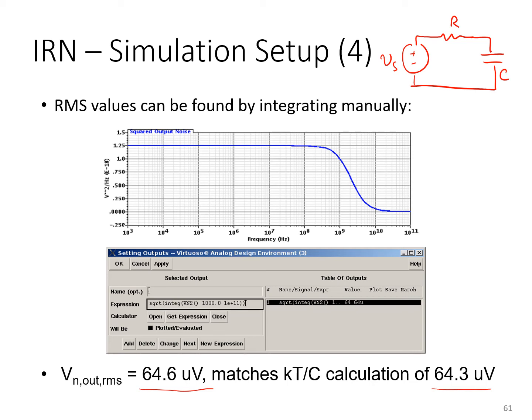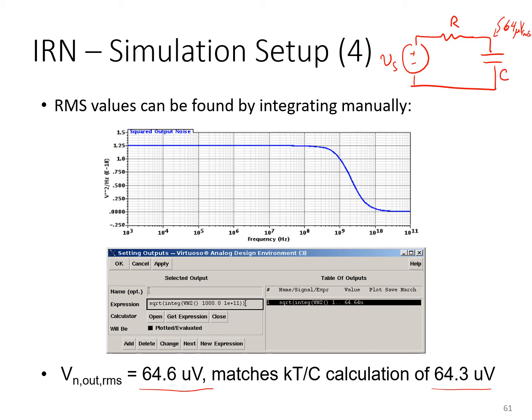So if the input signal Vs is at low frequencies, it sees a gain of 1, and it's corrupted by about 64 microvolts RMS of noise at the output.